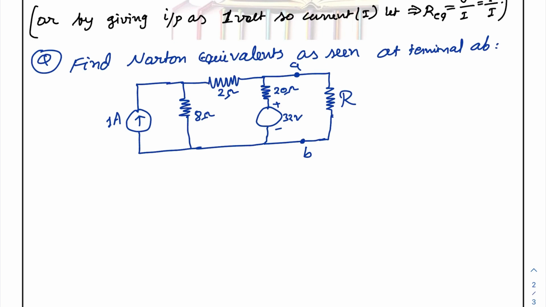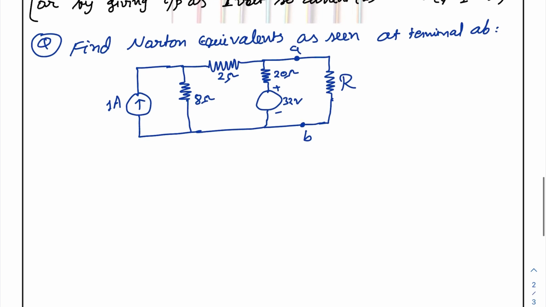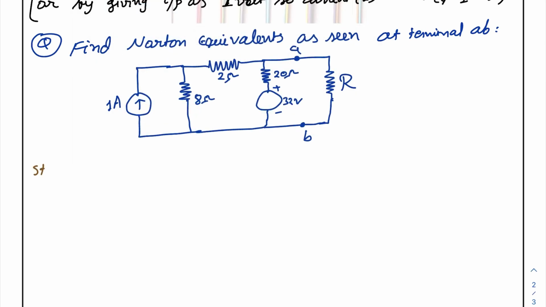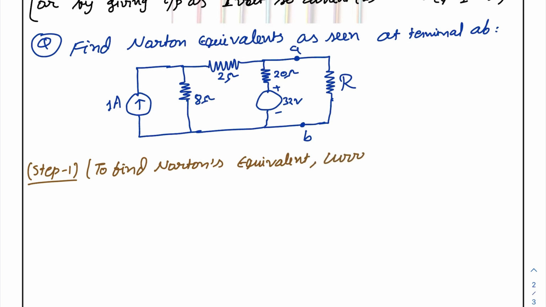Okay, so how to proceed for this one, we will go step by step. So step 1, what is step 1? First we need to find out the equivalent current. To find the Norton equivalent current ISC.